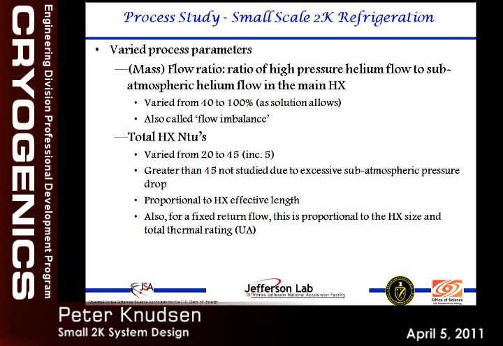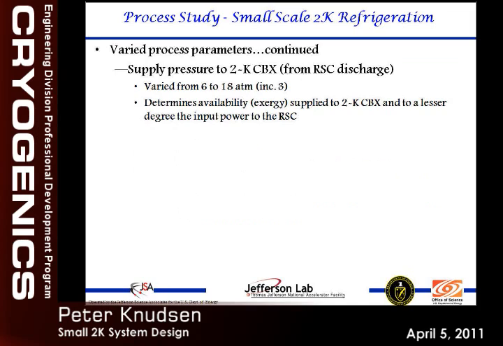And we didn't go greater than 45 because we felt like that wouldn't be very realistic. The subatmospheric pressure drop would be too excessive beyond 45 NTUs. As far as the supply pressure for the 2K cold box, we vary from 6 to 18 atmospheres as well.